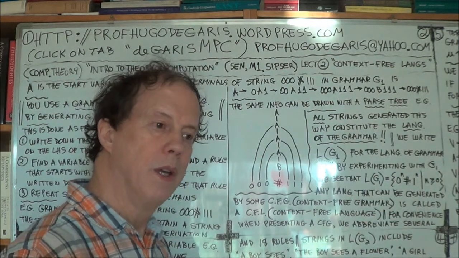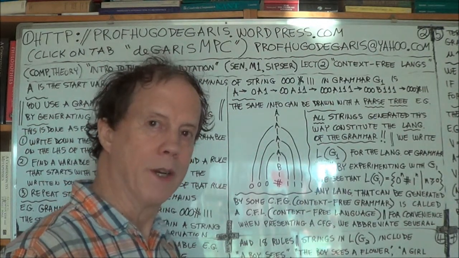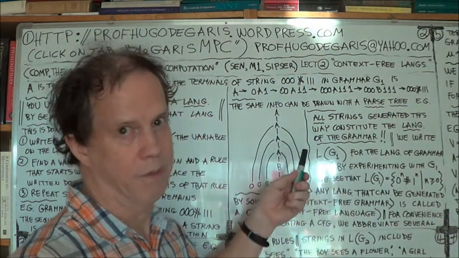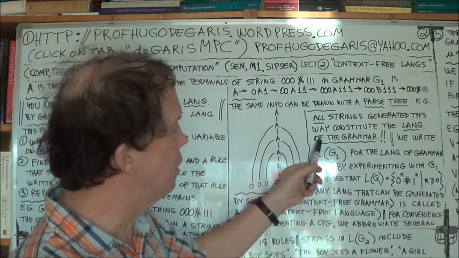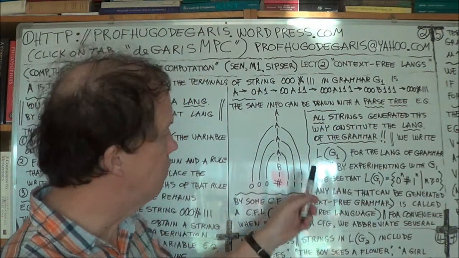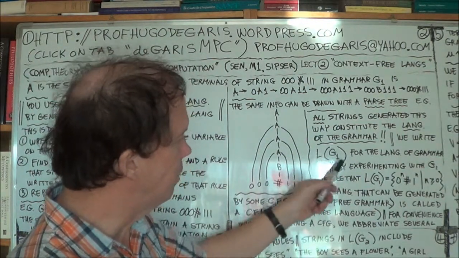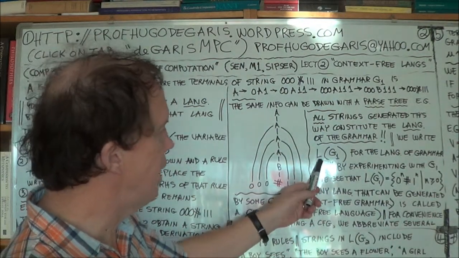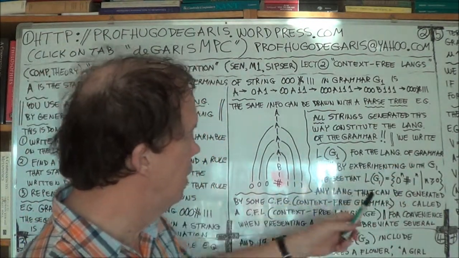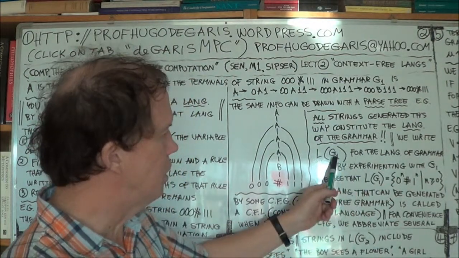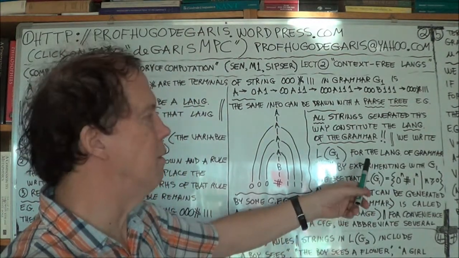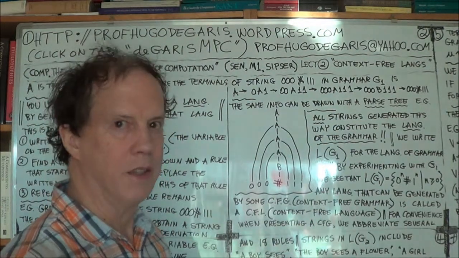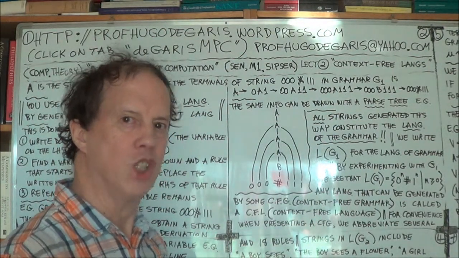That was the language described by the regular expression. Well, now we've got the language generated by the grammar. So you write L of G as the language of the grammar G, or you could say L of G is the language generated by the grammar G.